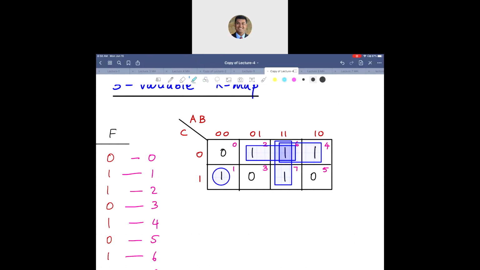Now, just to make sure that you understand adjacencies, I'm going to highlight the adjacencies for cell number 1. What are things that are adjacent to cell number 1? Let me shade that in gray. So focus on cell number 1 right here.